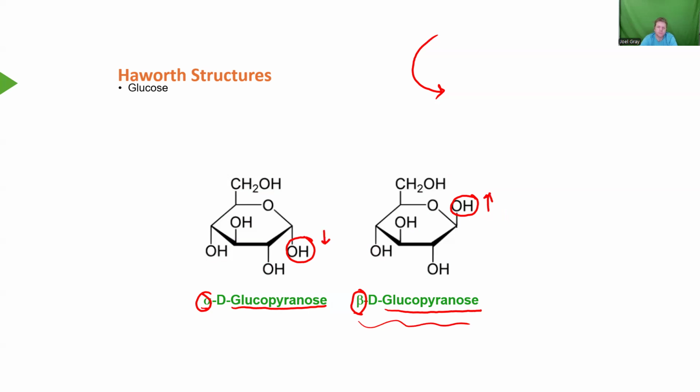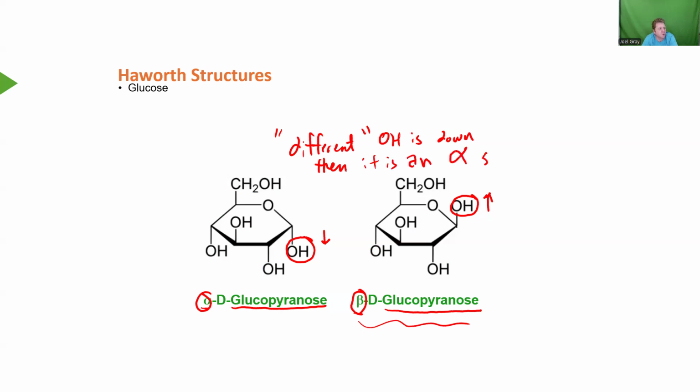I want you to keep that in mind. If that different OH is down, then it is an alpha sugar.